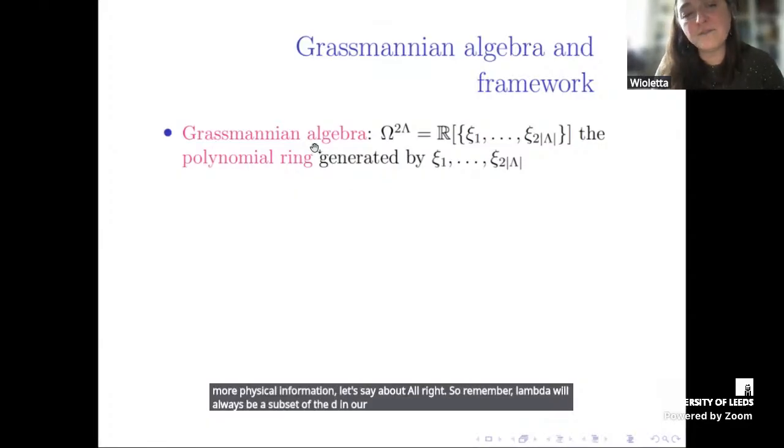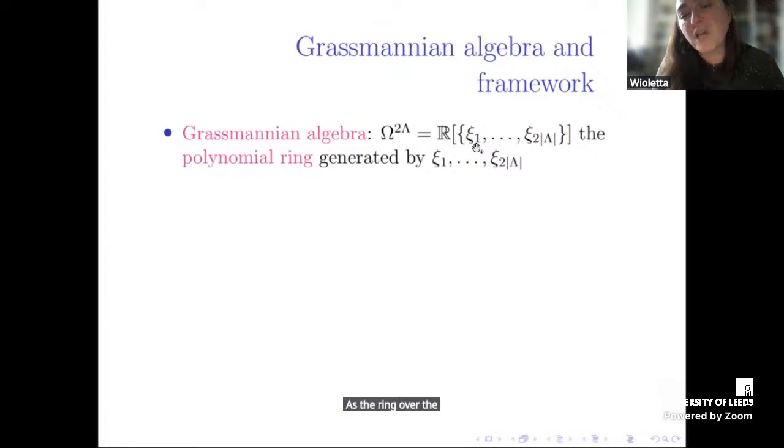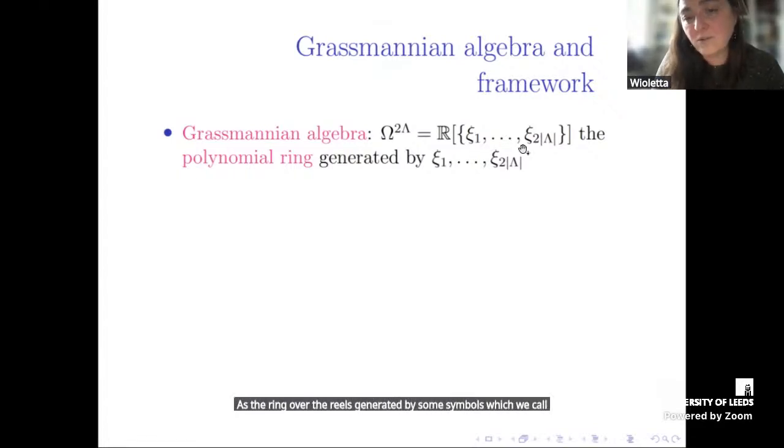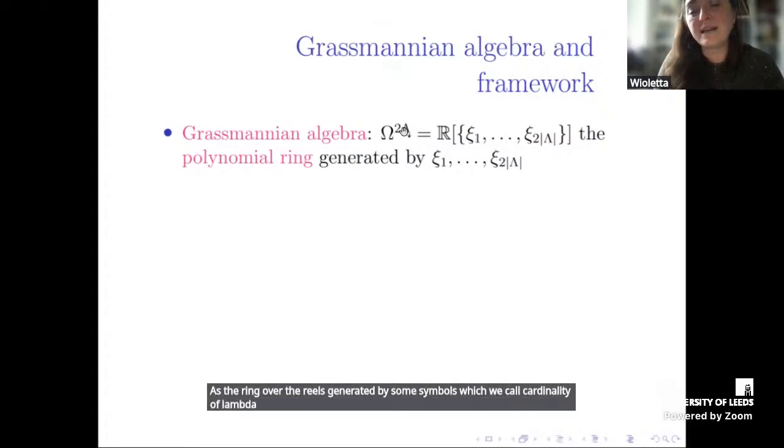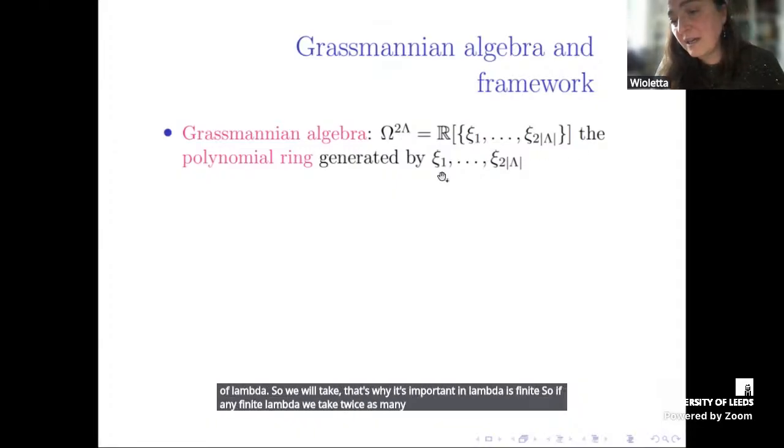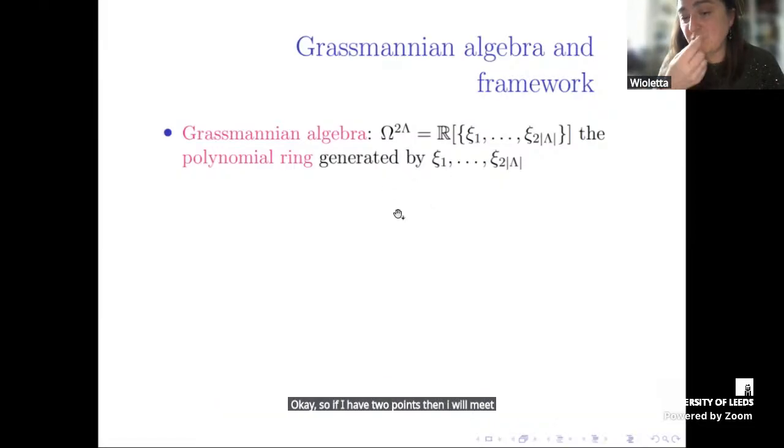We will define the following Grassmannian algebra as the ring over the reals generated by some symbols, which we call xi_1 to xi_{2|lambda|}. That's why it's important that lambda is finite. For any finite lambda, we take twice as many generators to build the polynomial ring. So if I have 2 points, then I will need 4 generators to build the ring.